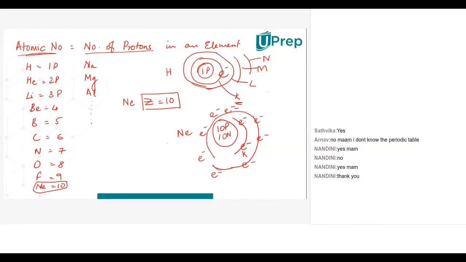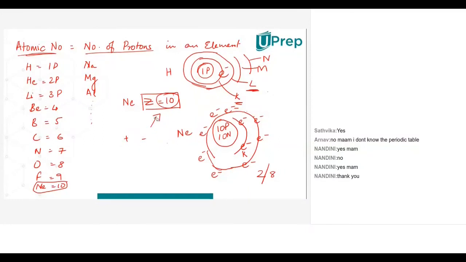This is all in the L shell. So these 8 electrons are in the L shell. These 2 electrons are in the K shell. So 8 plus 2, I have 10 electrons, which is equal to the number of protons. So that's it. The electronic configuration is 2, 8 or 2/8. That is the electronic configuration for neon.